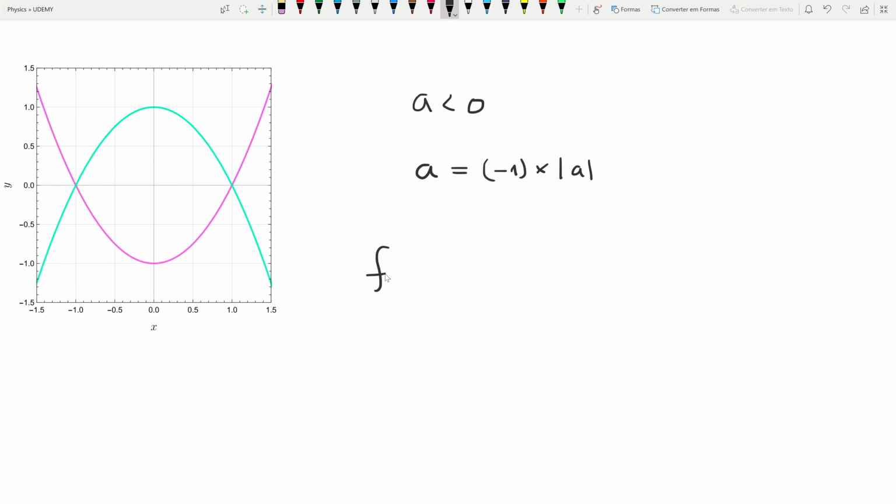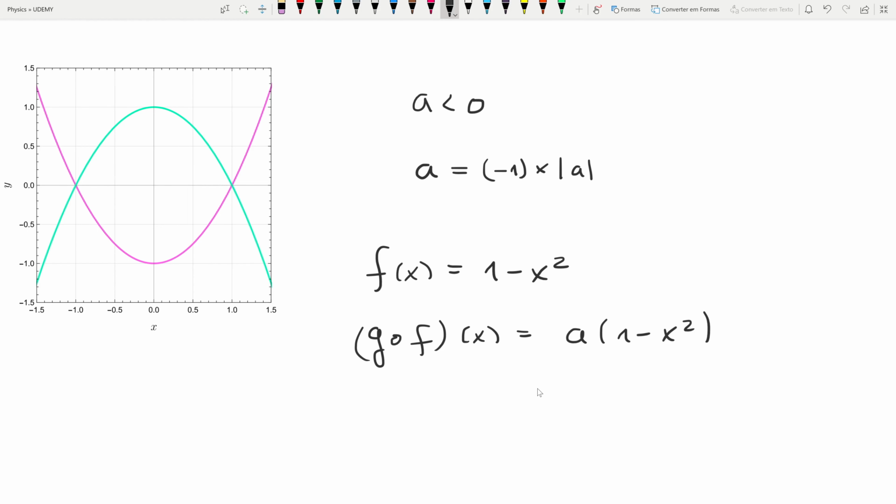So our function f of x, which is equal to 1 minus x squared, is now transformed into g of f of x, which is essentially a times (1 minus x squared). But since a is negative, we can write it as minus 1 times the positive part of a times (1 minus x squared).